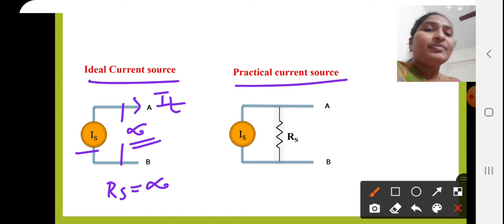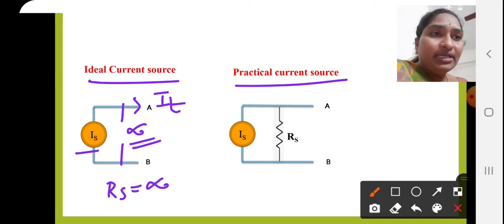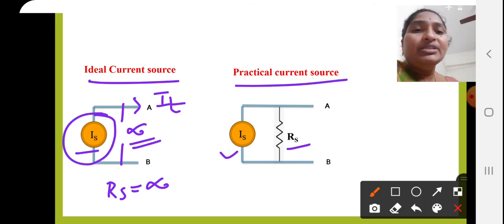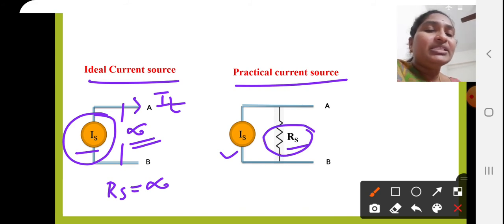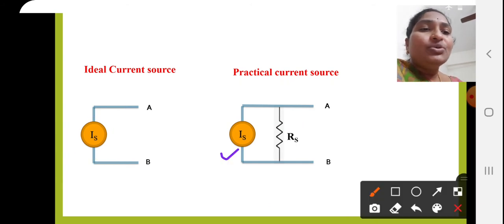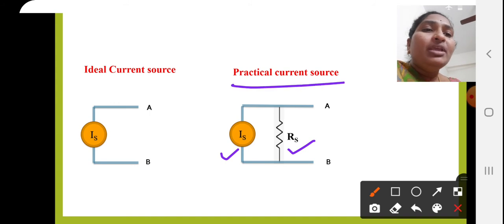But in a practical current source, we represent the internal resistance of the source in parallel with the ideal current source. This combination of an ideal current source with its internal resistance in parallel is said to be a practical current source.